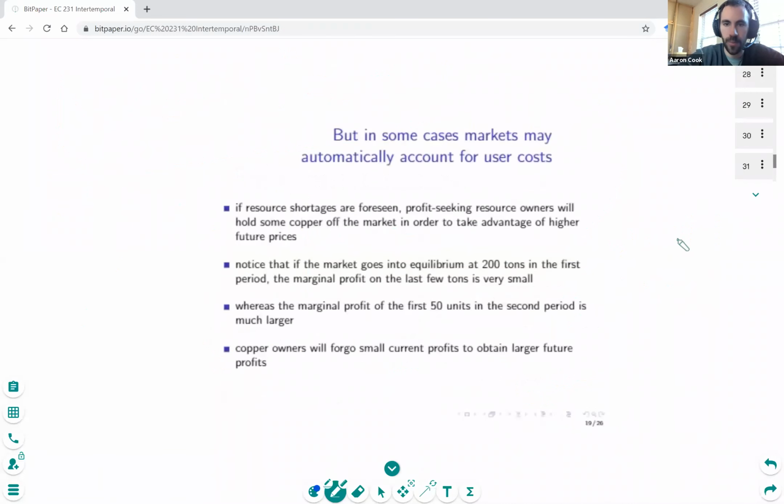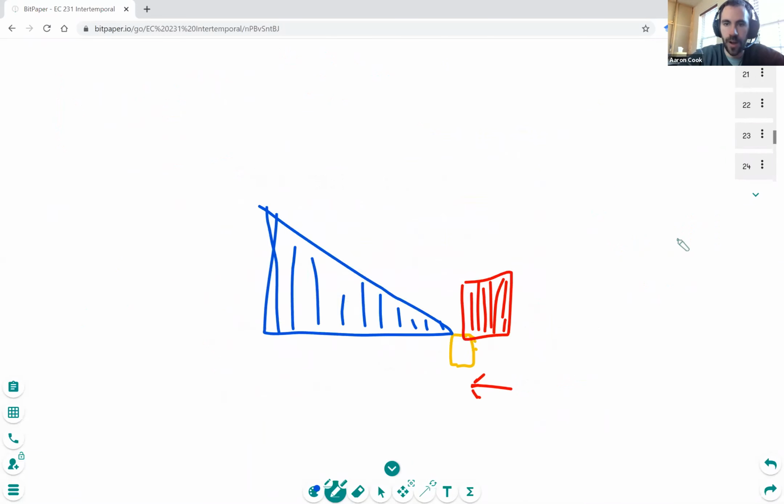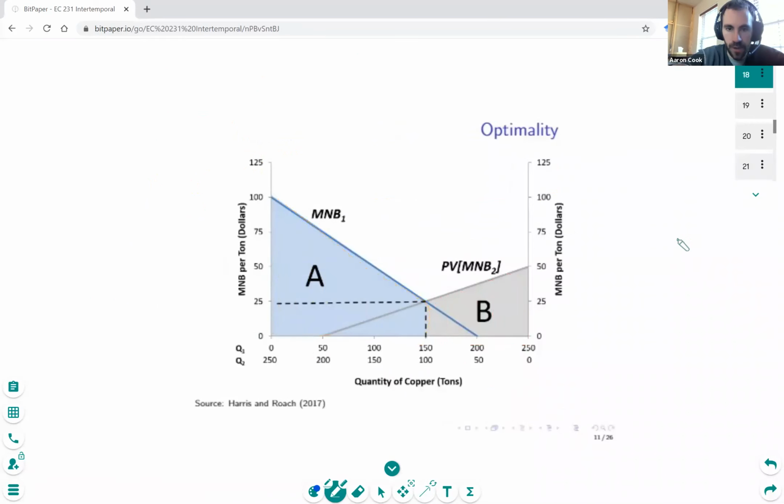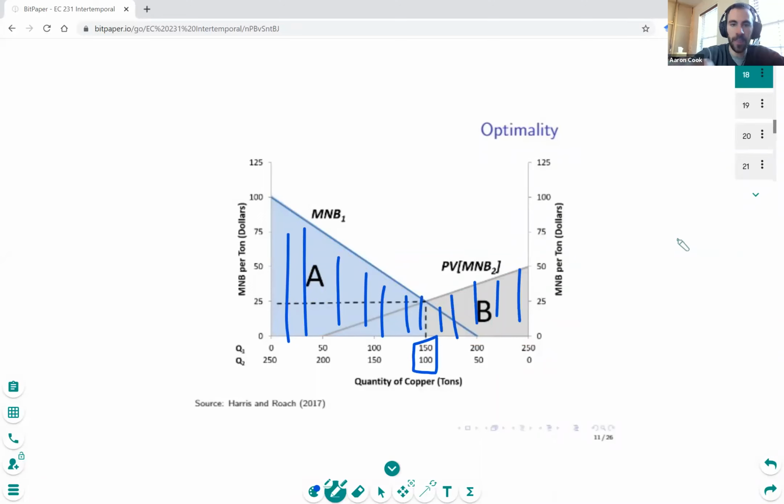Because if we remember from our welfare analysis, 150 units in period 1 and 100 units in period 2 was the allocation that maximized optimal total net benefits.